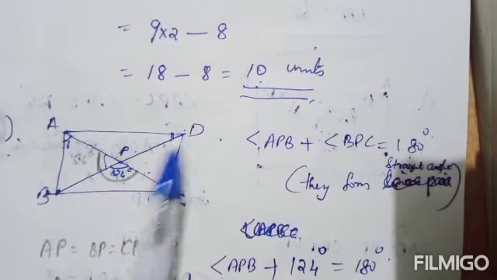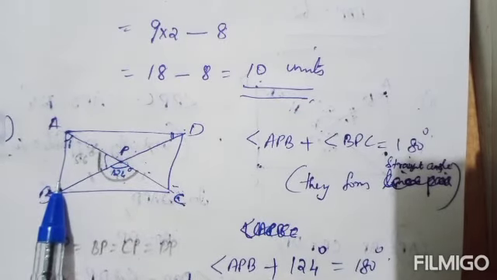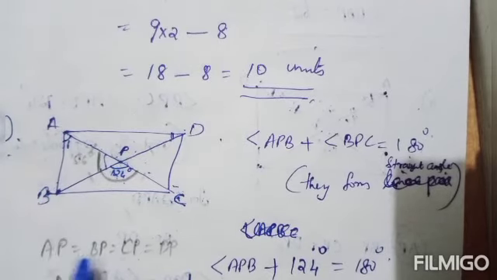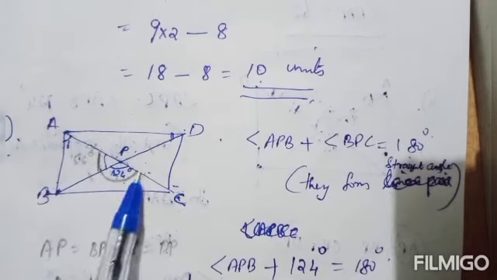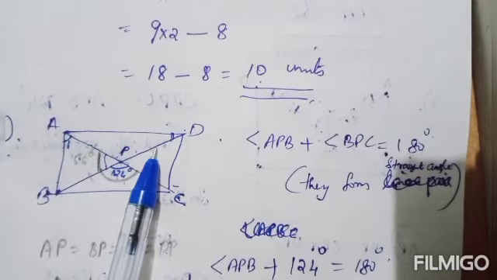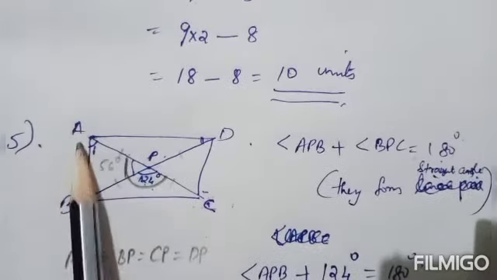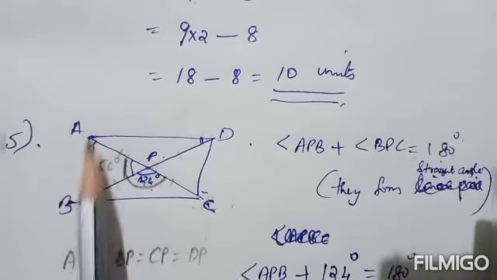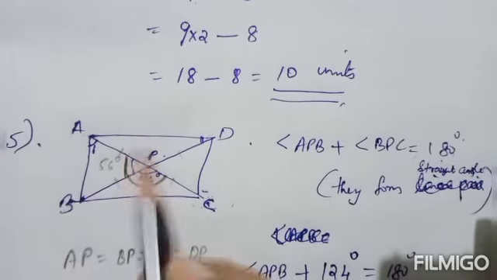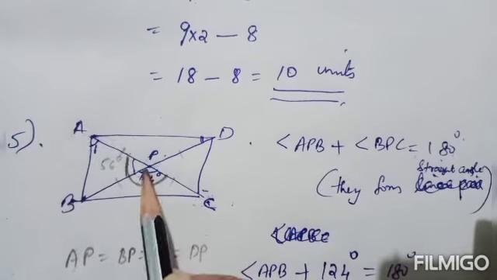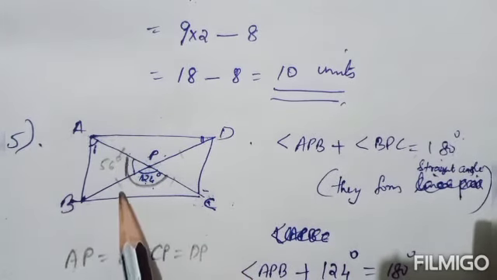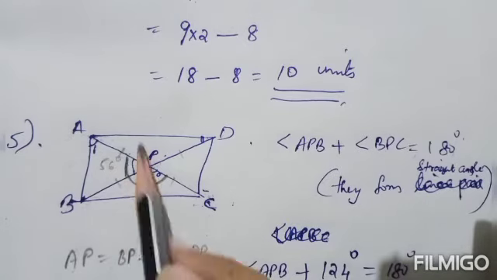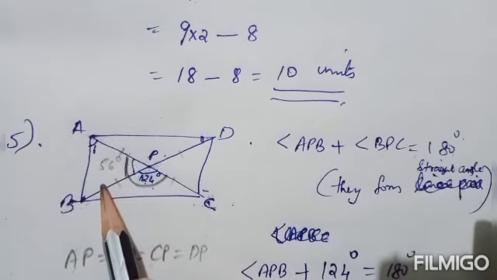These four lengths will be equal. Now consider this triangle APB. In triangle APB, these two sides are equal, AP equal to BP. If two sides of a triangle are equal, then it is an isosceles triangle.